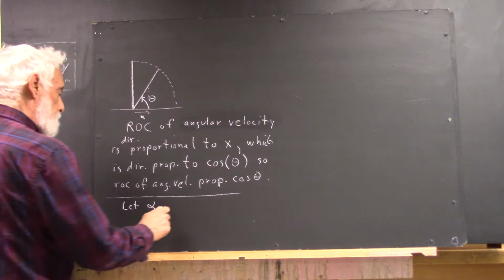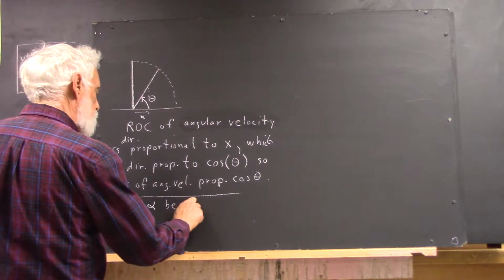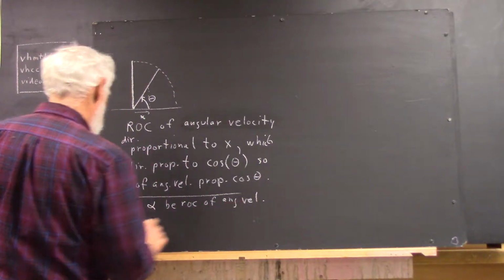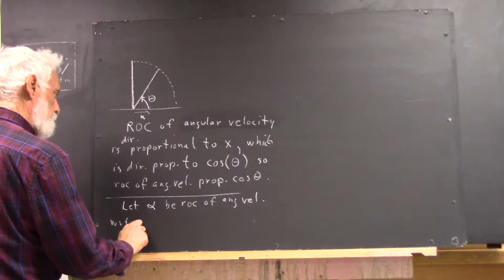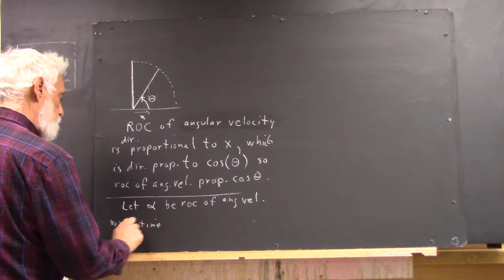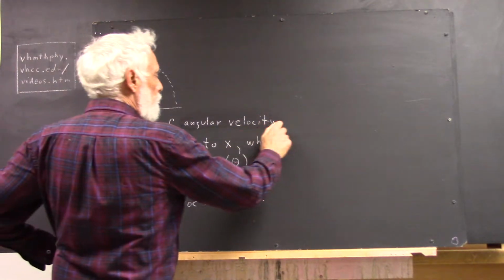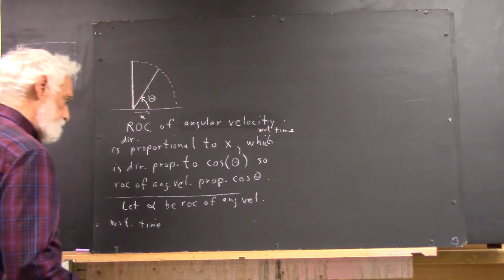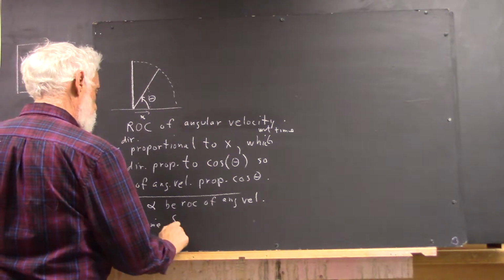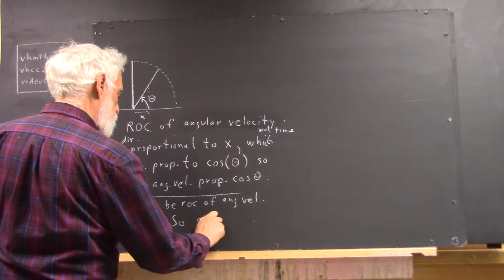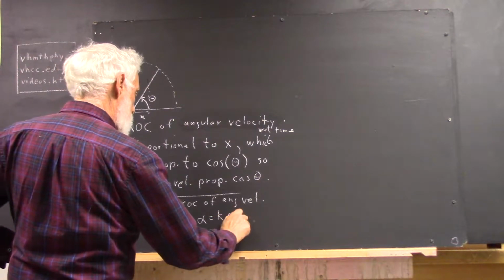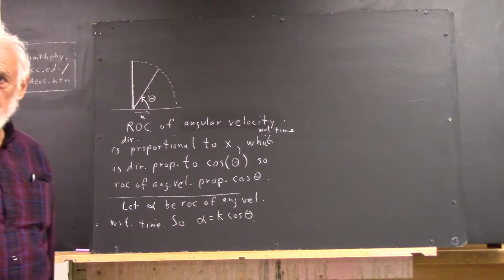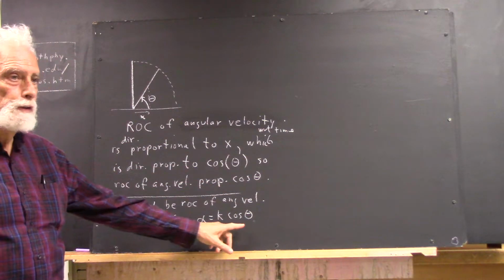We're going to let alpha, and I didn't write with respect to time, but this is with respect to time. To say that that is directly proportional to cosine theta is to say that A equals K cosine theta.